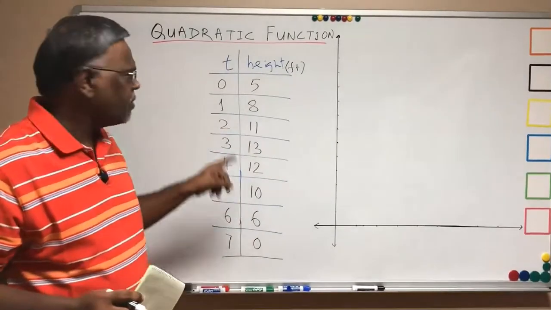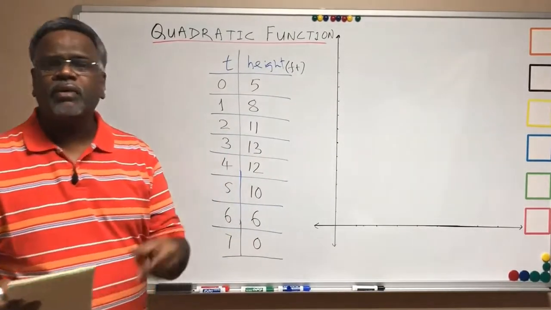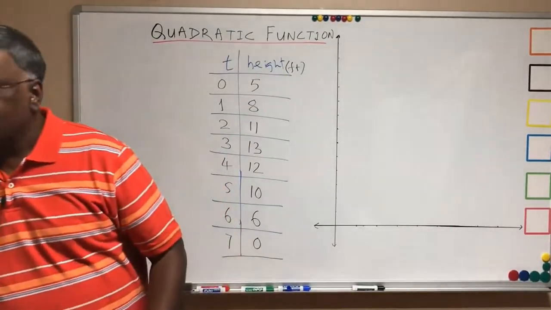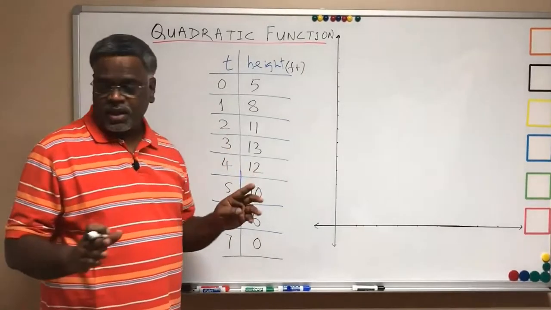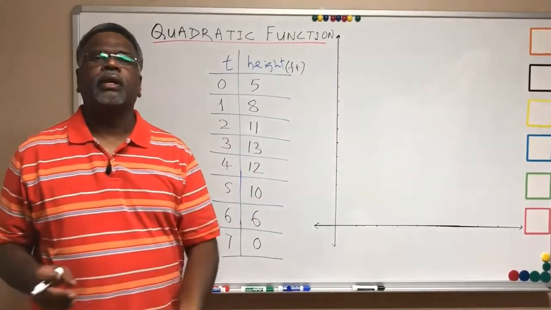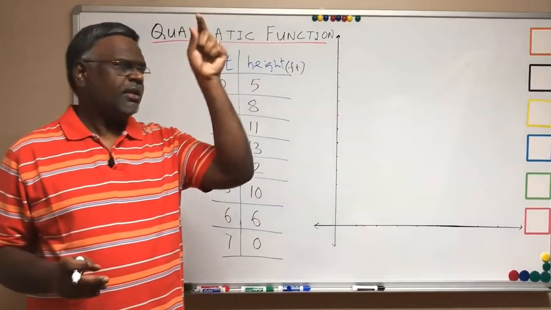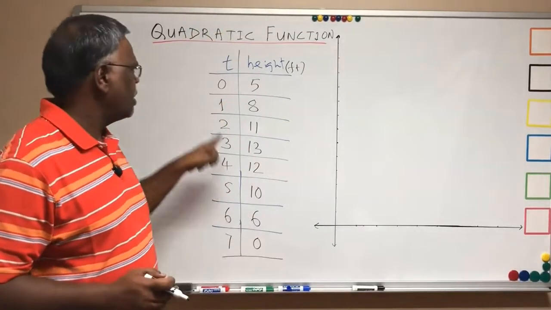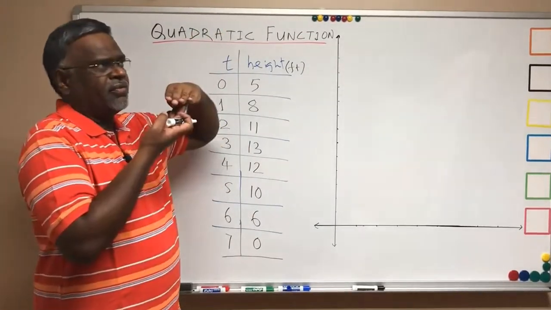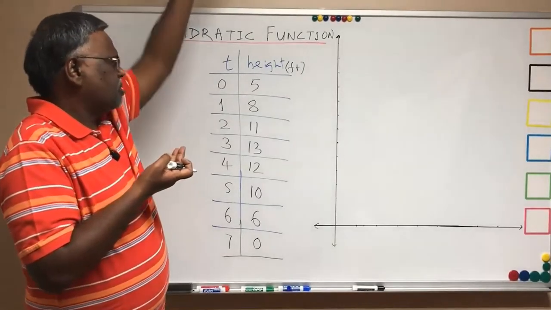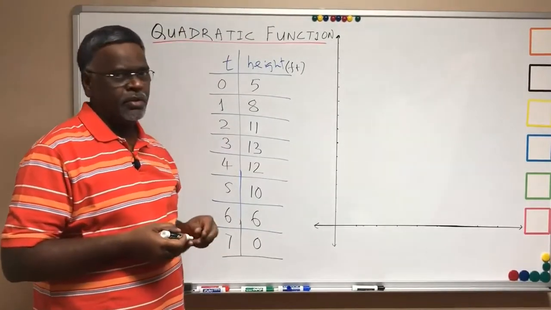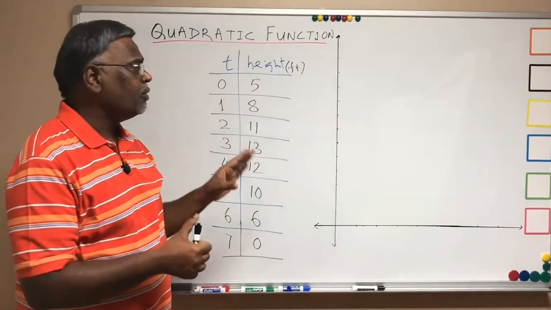So this is the data we got. These numbers we came up with ourselves. It's clear, right? I used a tennis ball, threw it up in the air, and these are the values I got. In 0 seconds, it started from 5, and it went up to so and so height. This is the information I have. So what do you do from here?